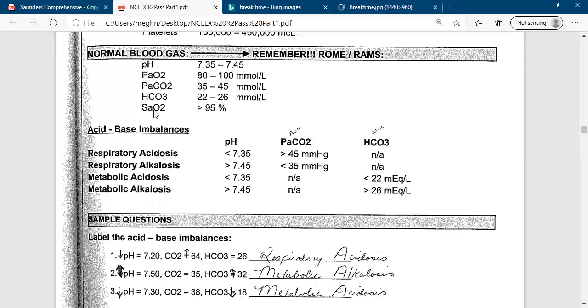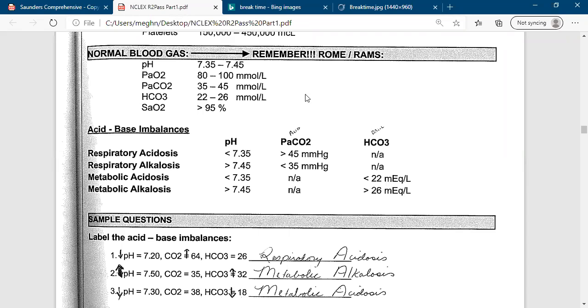Or if we see that the saturation of oxygen in the blood is less than 94, we give them oxygen. With the oximetry, a small device, we put it on the patient's finger and we can check the saturation of oxygen.